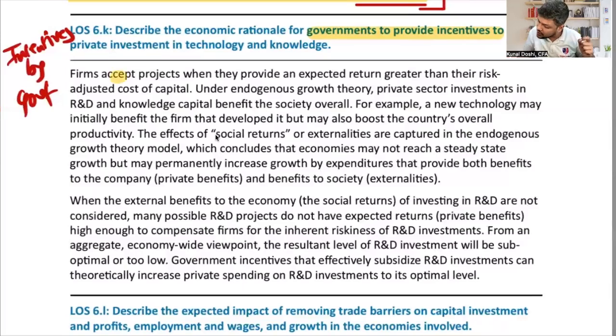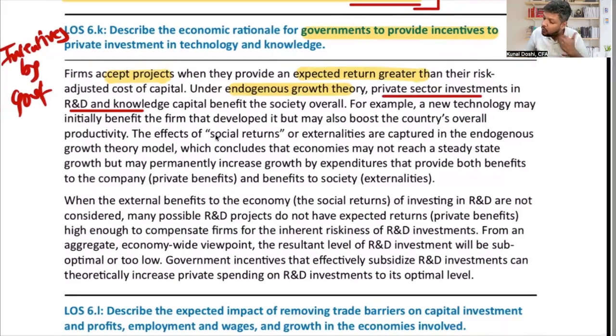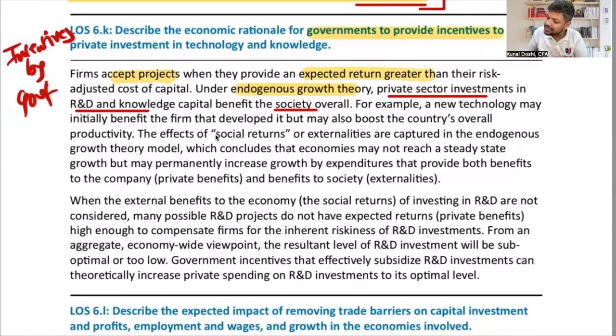Firms accept projects when they provide returns which are higher than their cost of capital. Correct? Under endogenous growth theory, private sector investments in R&D will benefit the overall society also, isn't it? We discussed that. Correct? For example, new technology may initially benefit the firm that developed it, but may also boost the country's overall productivity.